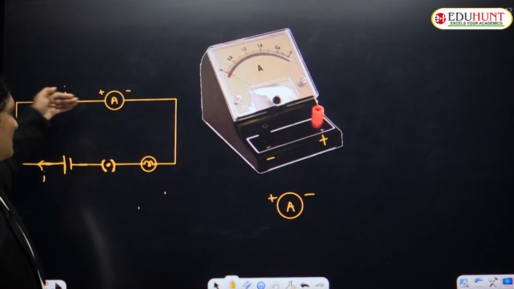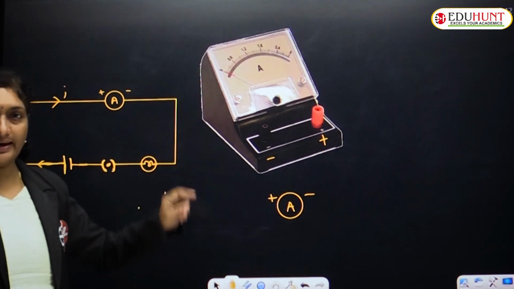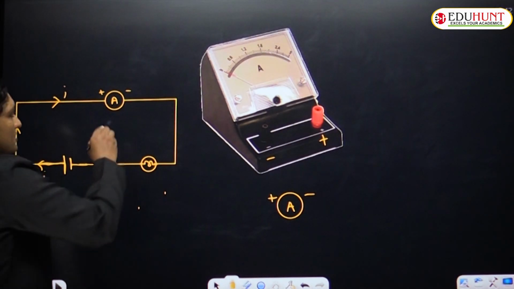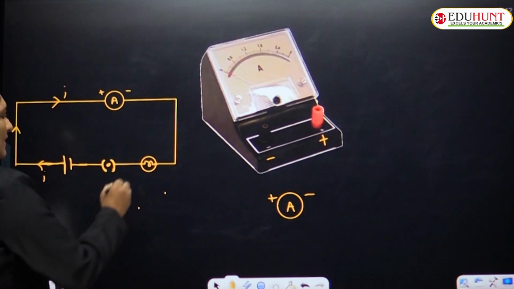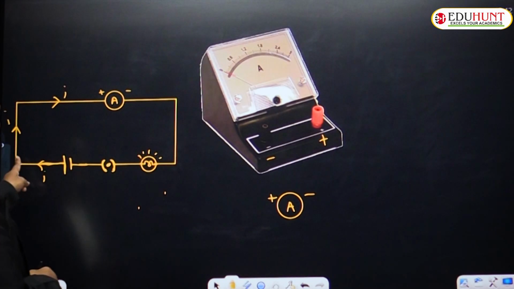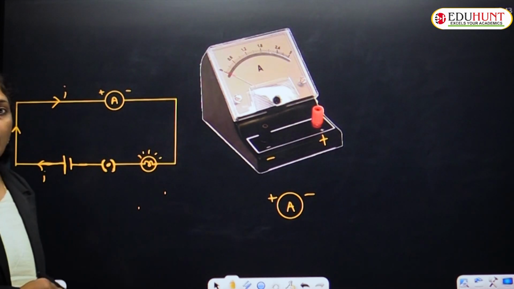Whenever some amount of current is passing through, the ammeter indicates a reading which shows the amount of current flowing through the circuit. As a result, the bulb will glow. The current after passing through the ammeter again passes through the bulb.